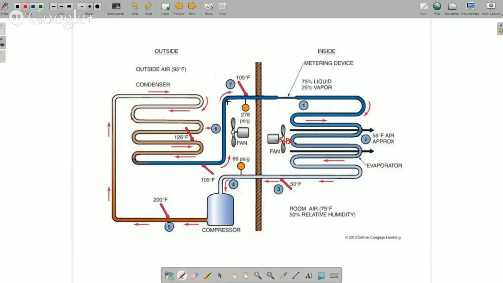And where your thermometer, instead of reading 105 degrees here, it's going to read 120, or it's going to read 125 degrees, because there is no subcooling happening in the system, because we don't have this backup of refrigerant.